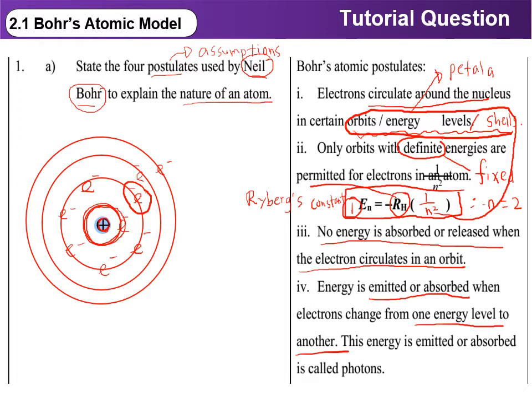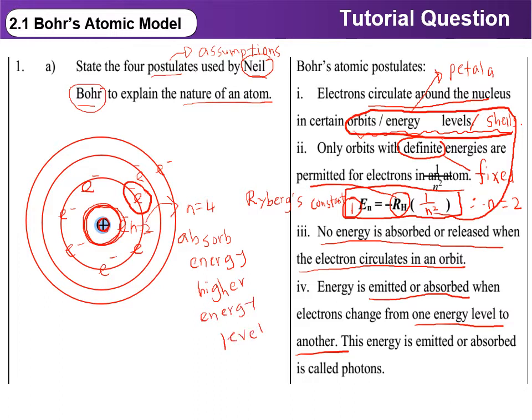Maybe we make a story a bit. Let's say the electron at the second shell is very boring already, so the electron might want to go to the fourth shell. From n equal to 2 to n equal to 4, they are changing the energy level. At this moment, the electron needs to absorb energy if it wants to go to a higher energy level.